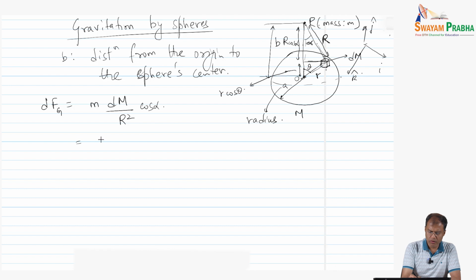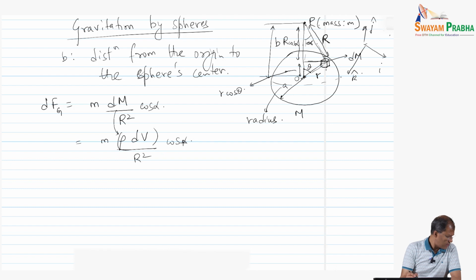Then what we have is that this is also equal to m times dM. So dM is going to be the density of the sphere times the volume dV. So dM is going to be the density times dV times r square cos alpha.